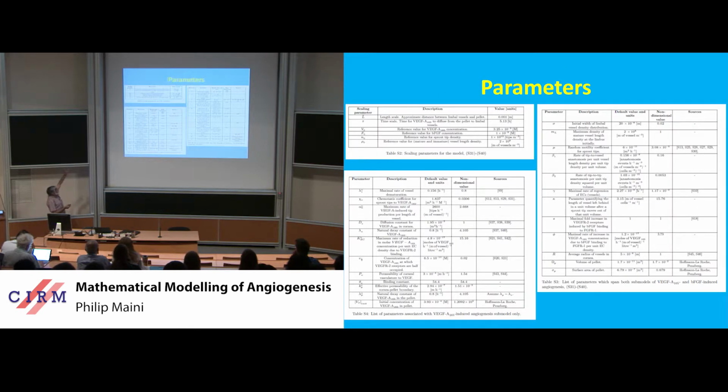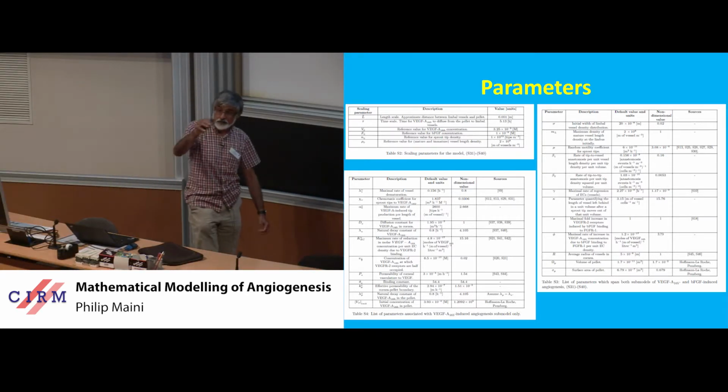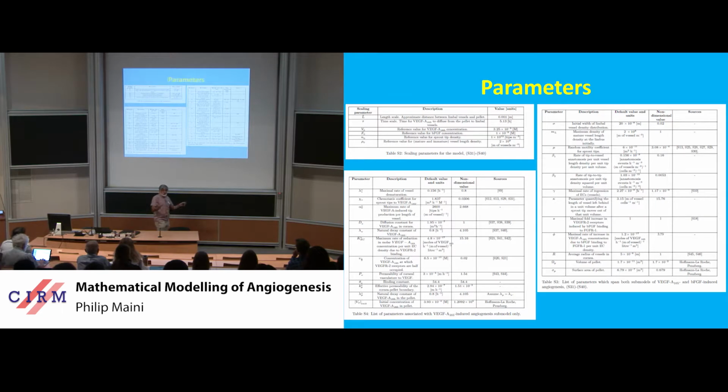Model, continue, okay, parameters, millions and millions of parameters, of which one or two you can find in the literature, and usually that's meaningless anyway, because you do the experiment on a different day at a different time with a different animal, with a different person in a different country, you get a completely different answer. So they're all a bit of a fiction anyway, parameters, okay?